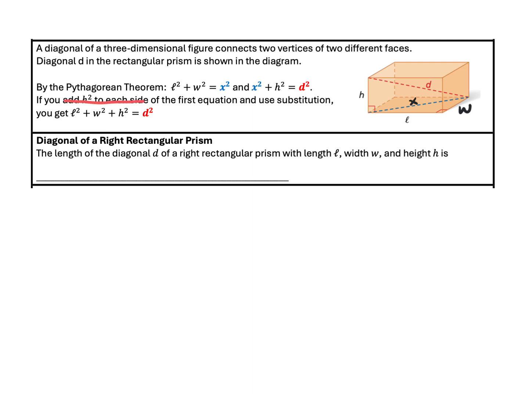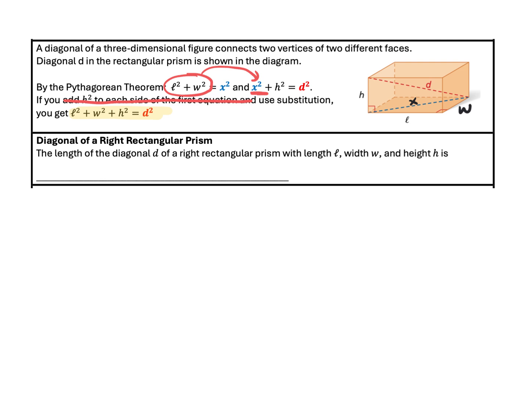If you use substitution and trade the X squared in this equation with L squared plus W squared, it gives you the Pythagorean theorem in 3 dimensions, and that is right here: L squared plus W squared plus H squared equals D squared.